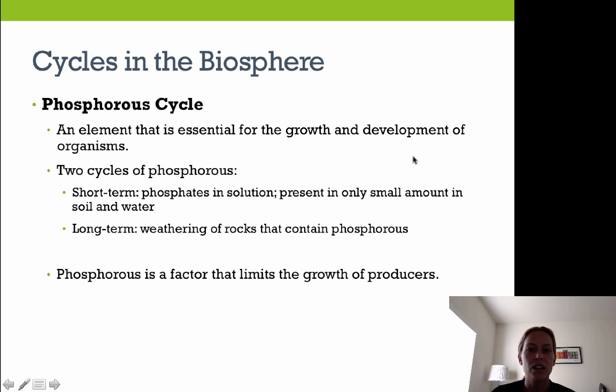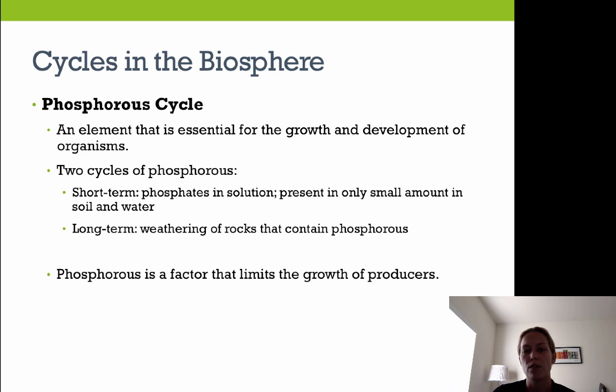The phosphorus cycle is our last cycle, and it is an element that is essential for growth and development of organisms. So phosphorus is definitely needed in order for an organism to grow and develop. Now, there are two cycles of phosphorus. There's a short-term cycle in which phosphates are in solution, and they are present only in small amounts in soil and water.